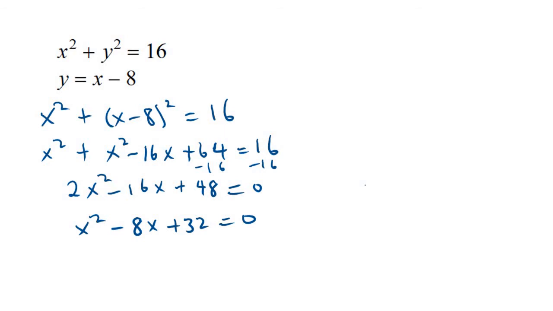If I try to factor this, that is not going to be possible. So we are left with solving it by using either the quadratic formula or by completing the square. Let's solve by completing the square and see what happens.